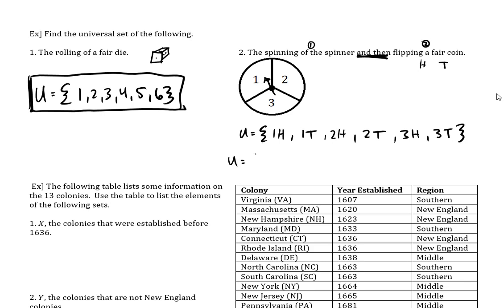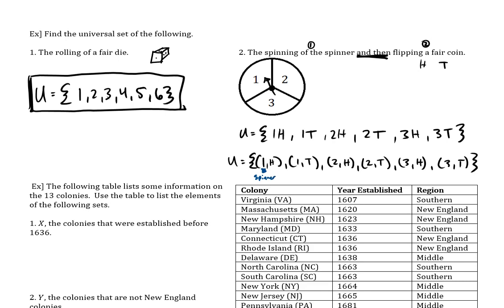Another way to write the answer, sometimes they'll treat it like an ordered pair. So parenthesis 1 comma H, parenthesis 1 comma T, parenthesis 2 comma H, 2 comma T, 3 comma H, and 3 comma T. It's kind of like X and Y coordinates almost, but it's just letting us know we spun the spinner first.